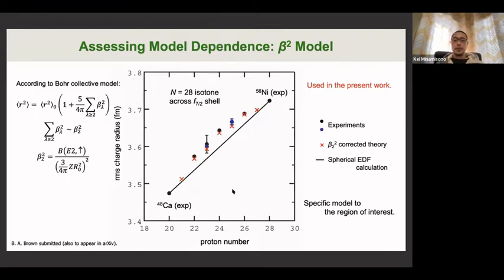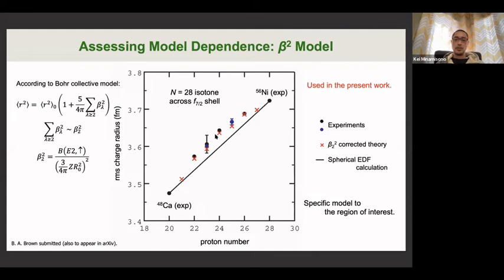Here in this figure, I'm showing the charge radius as a function of the proton number for the N equals 28 isotones, starting from calcium 48 up to nickel 56. All these circles are the experiment. The straight line connecting calcium 48 and nickel 56, which are spherical, is the line for the spherical nucleus.